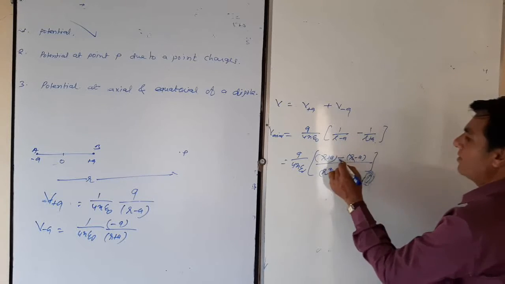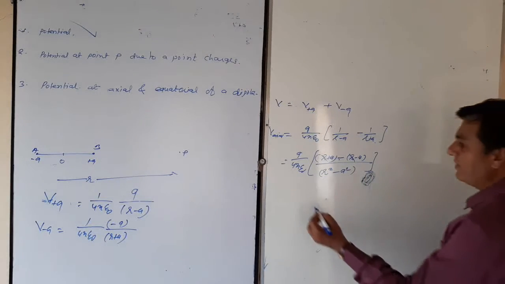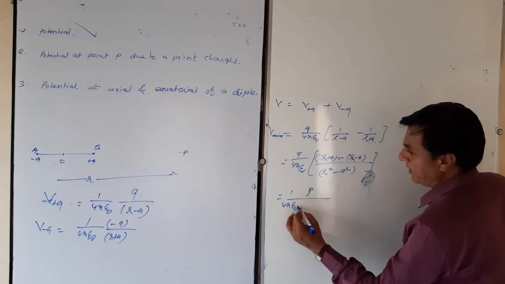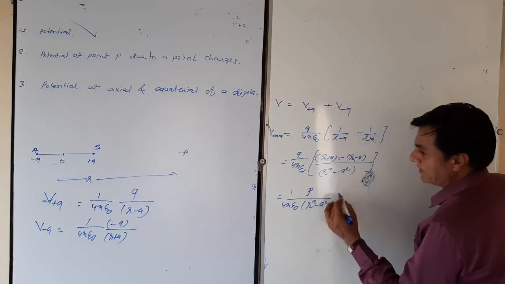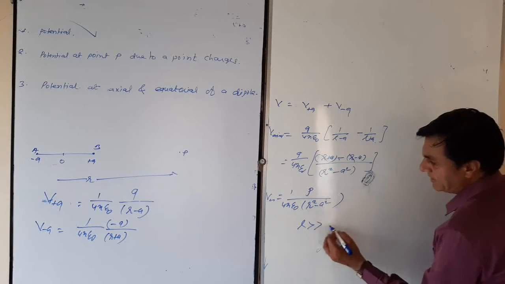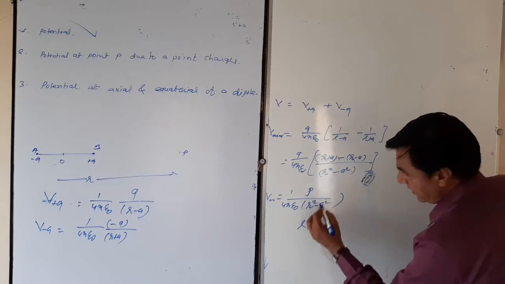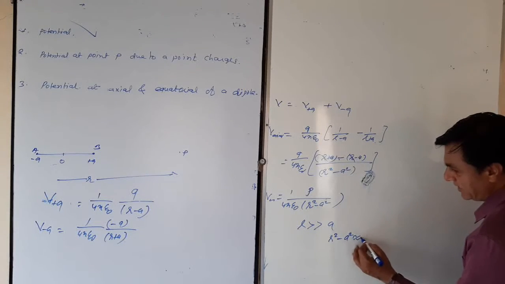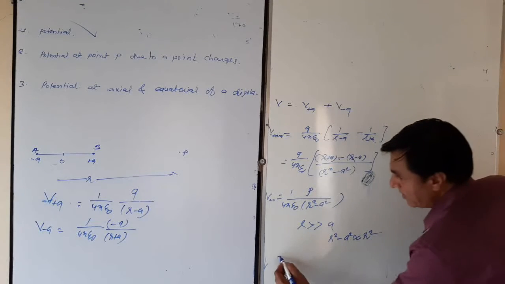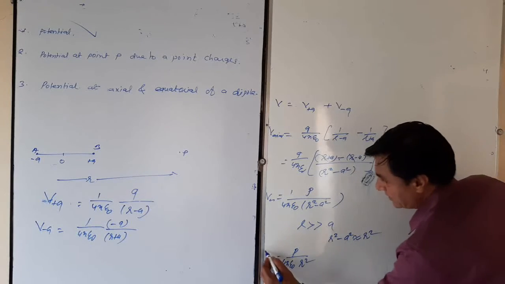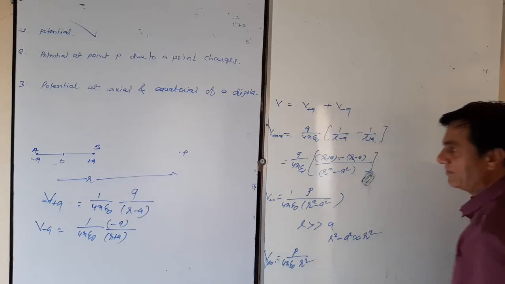Q times 2A is P, so 1 upon 4 pi epsilon 0, P upon R square minus A square, it is V at axial. If R is much greater than A, then you can write R square minus A square approximately R square, so P upon 4 pi epsilon 0 R square, it is V at axial position.